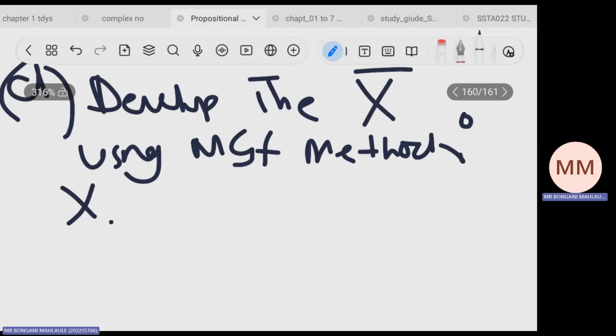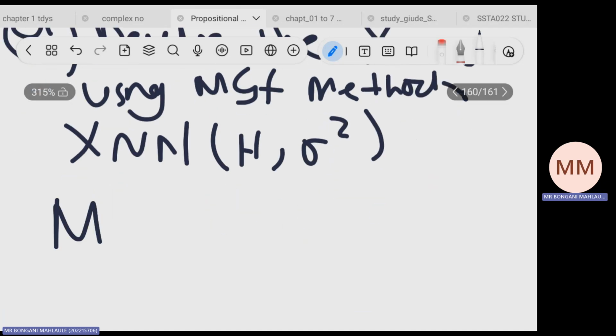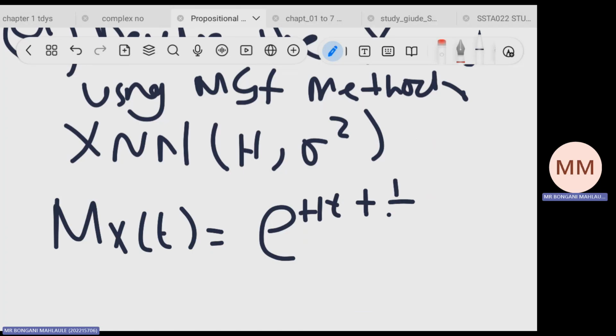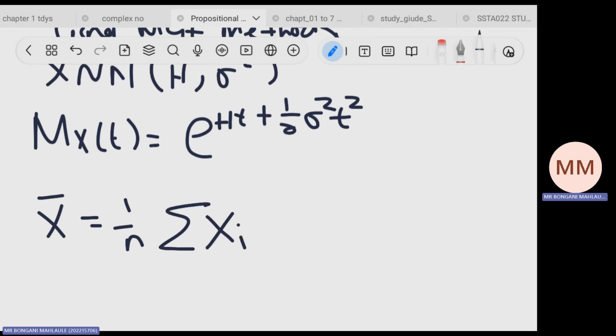So x is normally distributed with the mean and the variance. The MGF is equal to e to the mu t plus half variance squared t squared. X bar is 1 over n summation of xi.